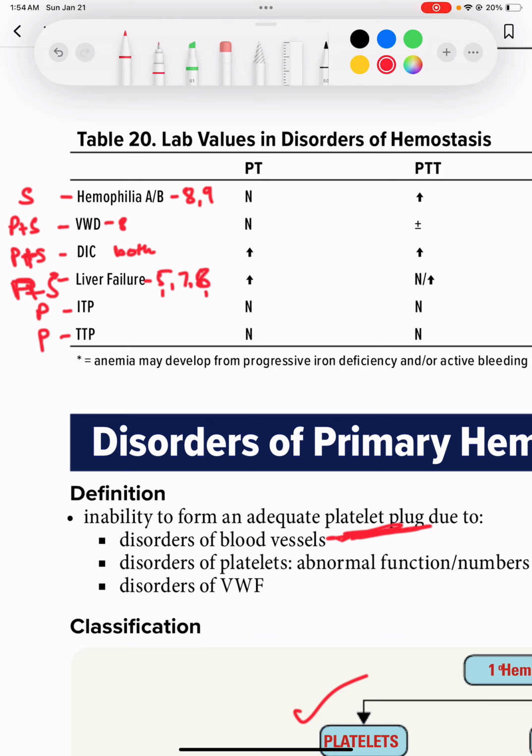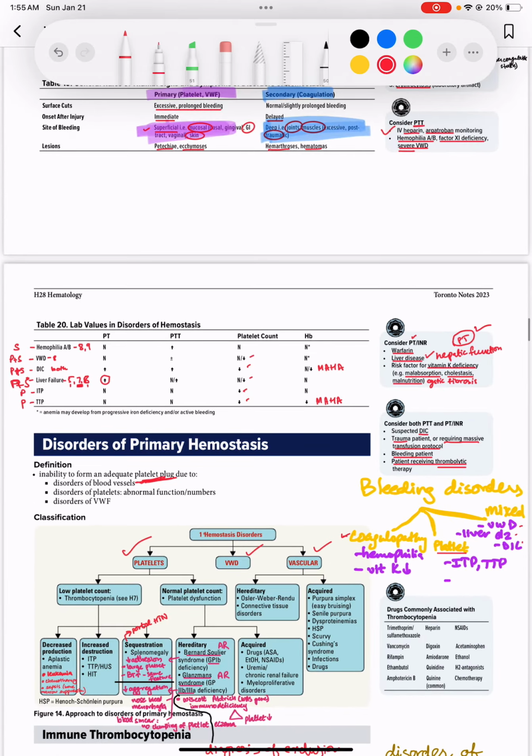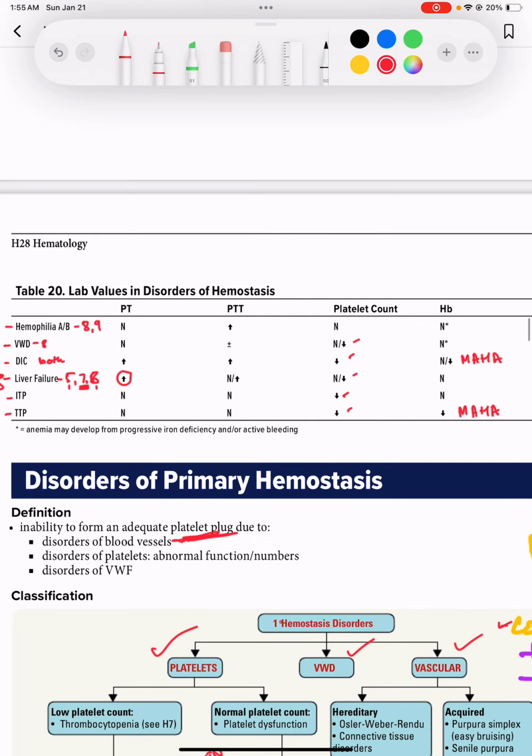So there will be prominent PT prolongation, and PTT could be normal or prolonged, because at the end of the day it's about 7. Liver failure, right? So prominent PT. And vitamin K deficiency has a similar problem too. So that is liver failure. And ITP and TTP would have normal PT and PTT values. So that's how I just had to learn this chart.